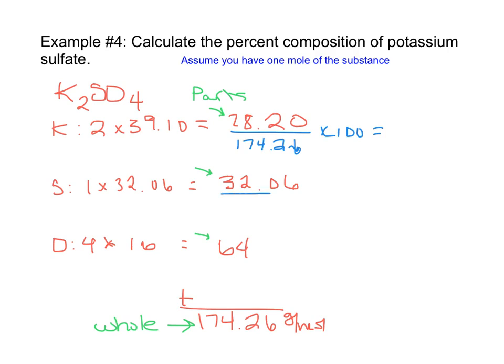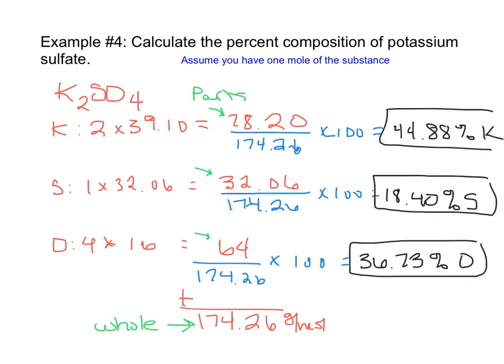Then the sulfur, I'm going to divide it by the same whole, 174.26, times 100. It's going to be my percent, that's sulfur. And last, oxygen, same thing, divided by 174.26, multiply it by 100. We're going to get our percent, that's oxygen. So everybody take a second, pause the video, find these 3 percents.